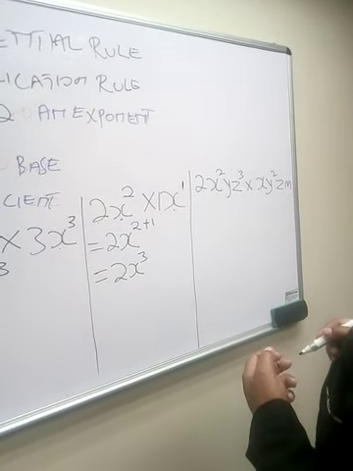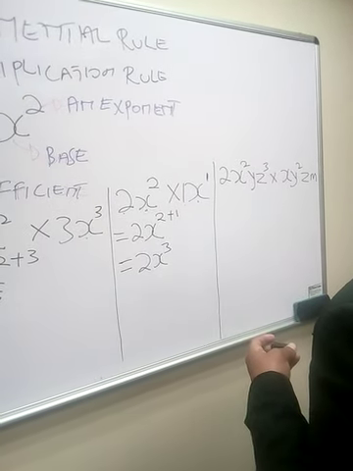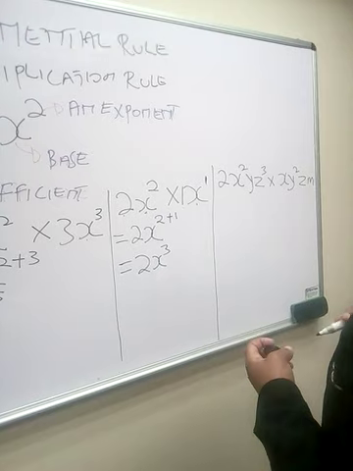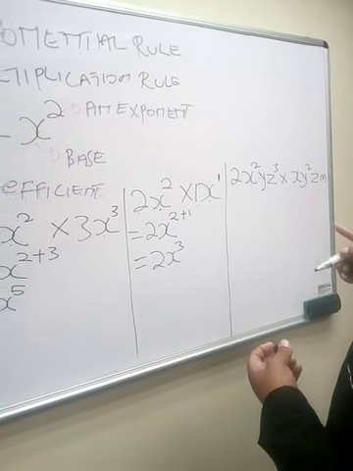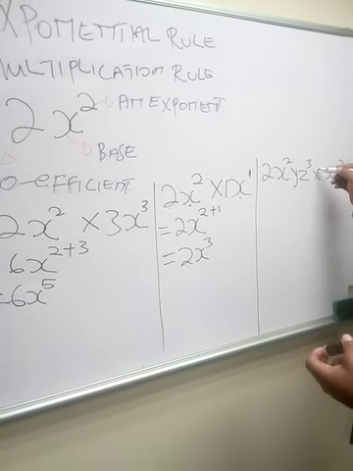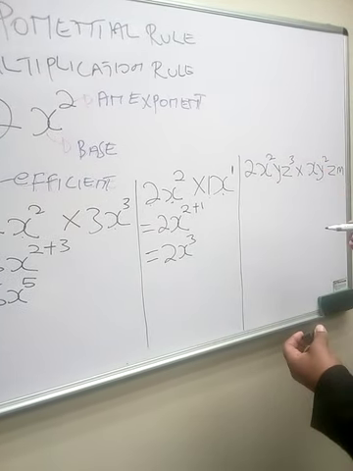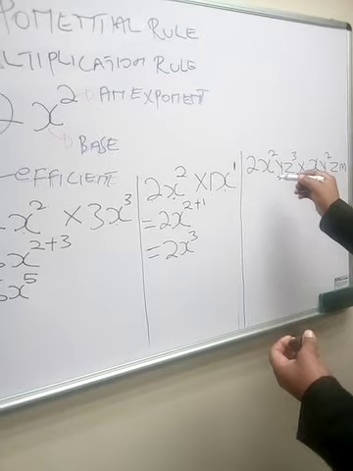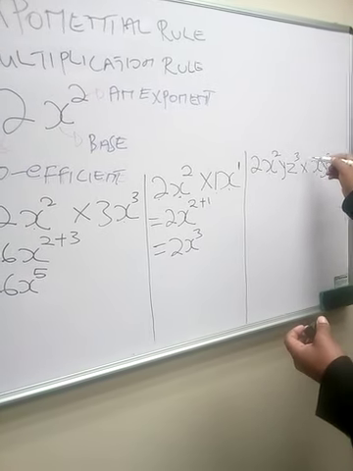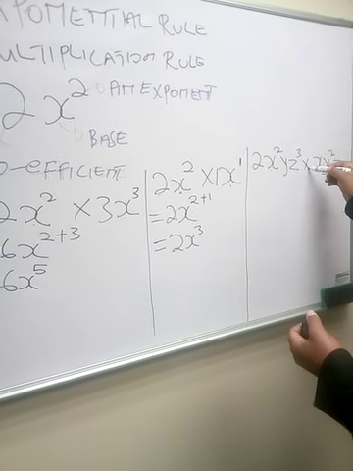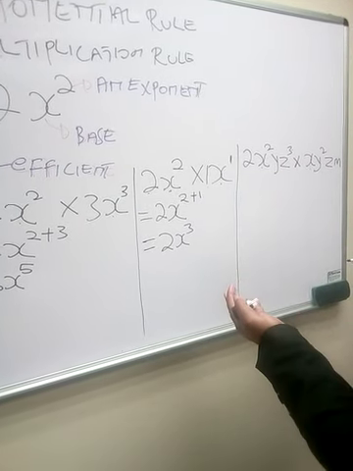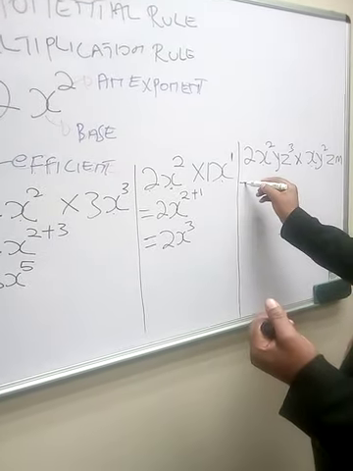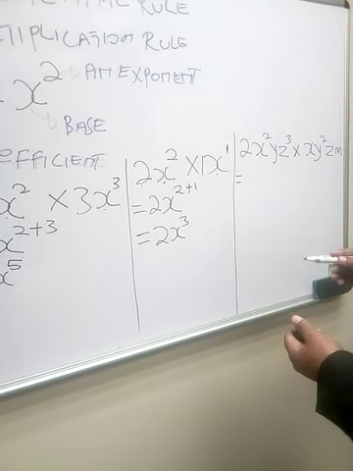The only thing that makes math seem difficult is when we don't understand the rules. But now we know that the rule says that as long as there is a multiplication sign in between, when you multiply the same bases, you add your exponents. That means we still apply that rule: the first thing is we multiply our coefficients.